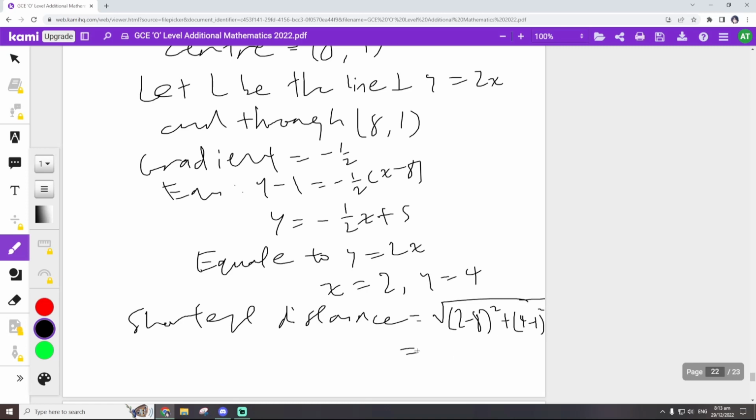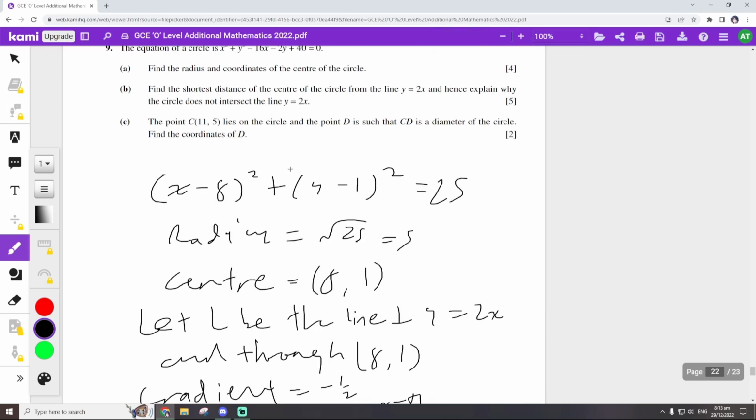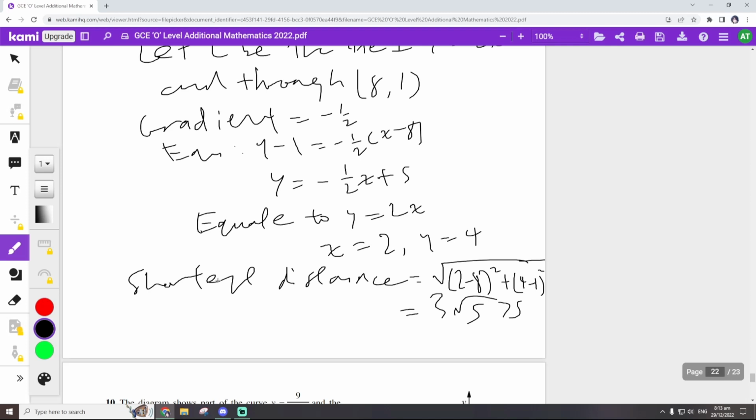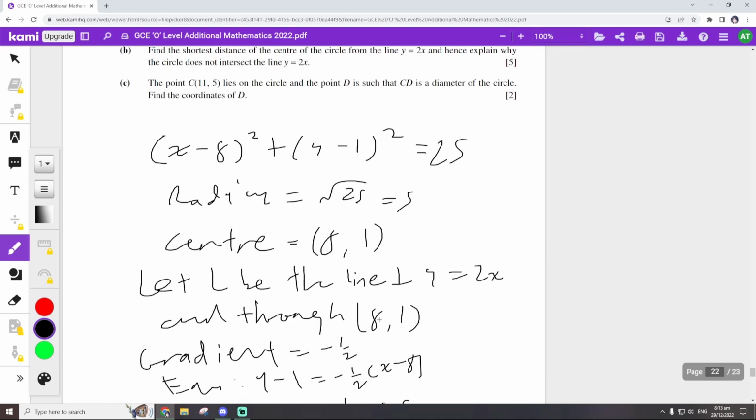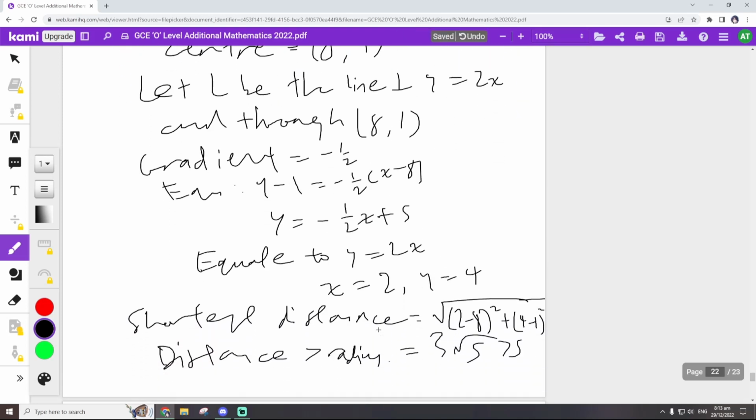Okay, and here you get 6 squared plus 3 squared, which is 45, so you get 3 root 5. Okay, and root 5 is 2.23 something, so this is actually greater than 5. So this explains why the circle does not intersect the line y equals 2x, because that distance is greater than the radius. So distance greater than radius. Of course, for those of you who know, you can also use cross product to get the shortest distance, but I think it's not in O-level syllabus.